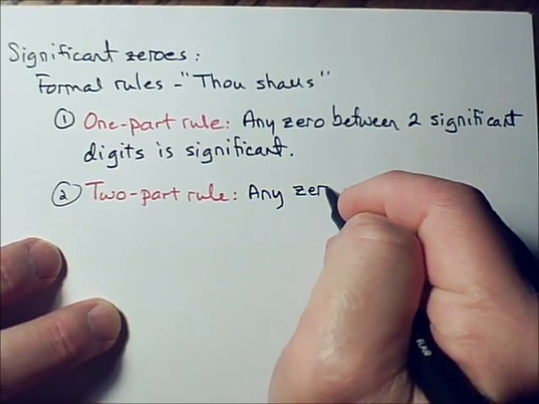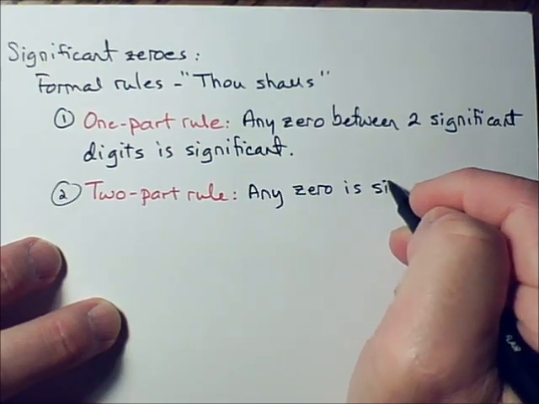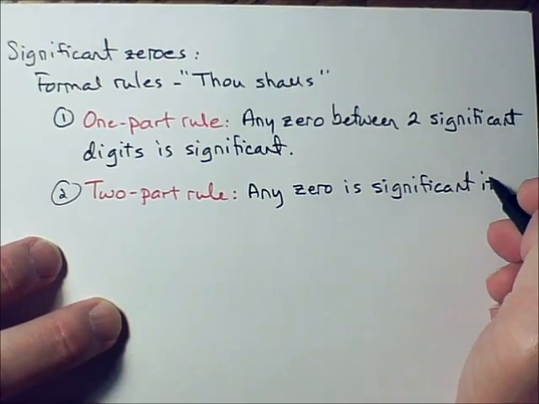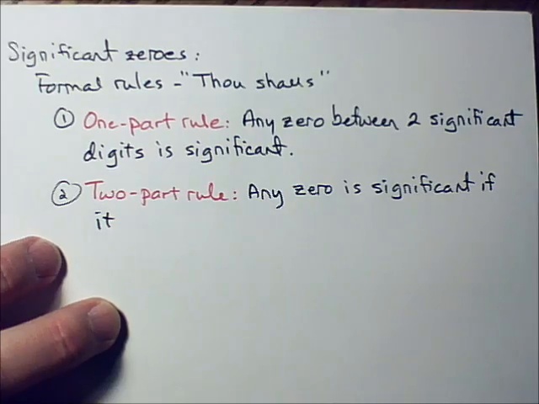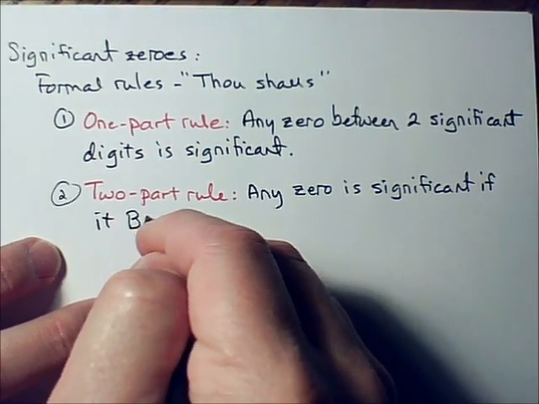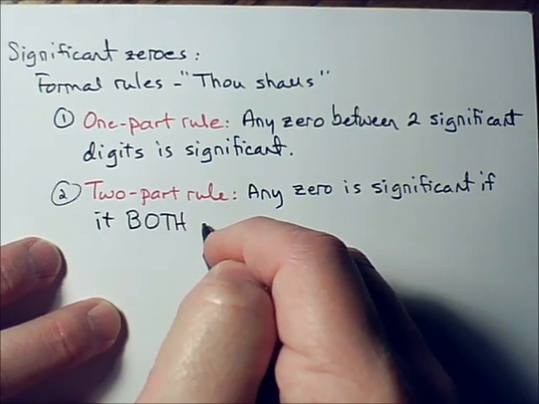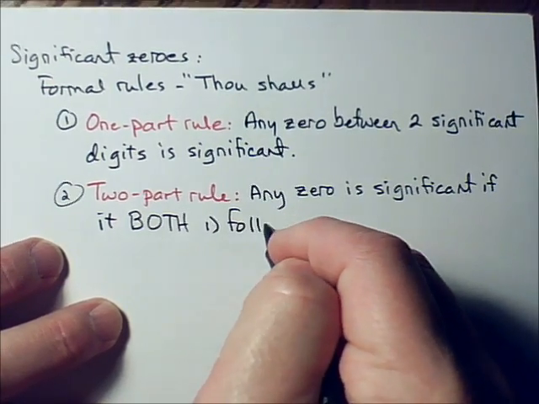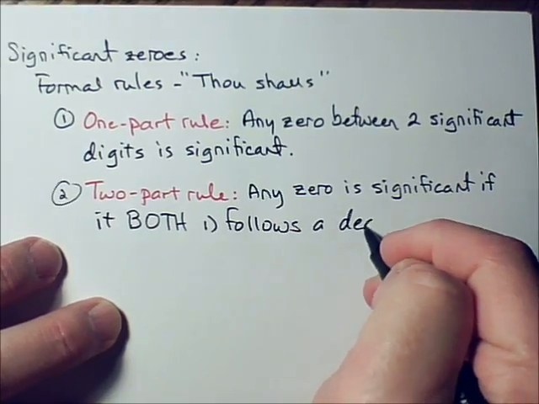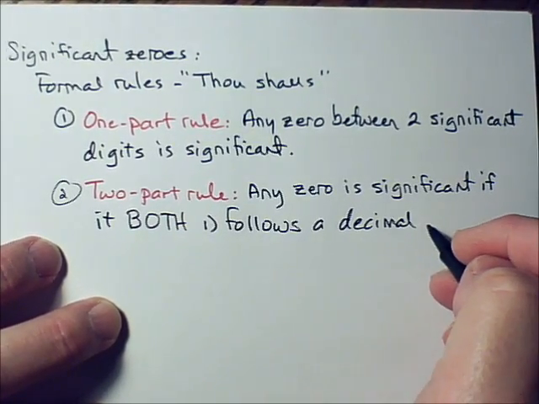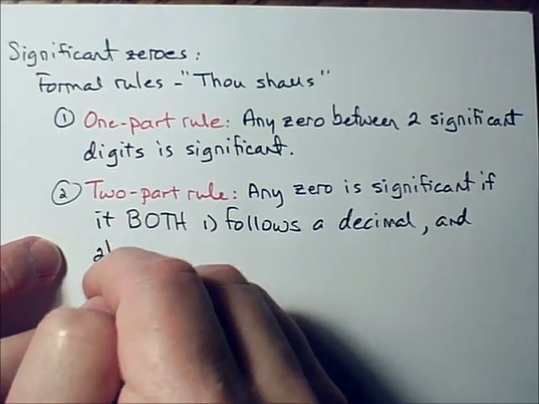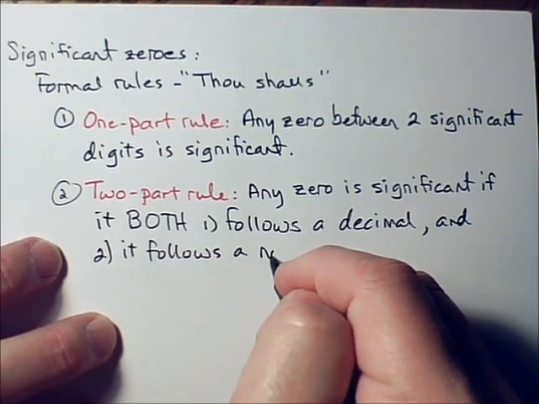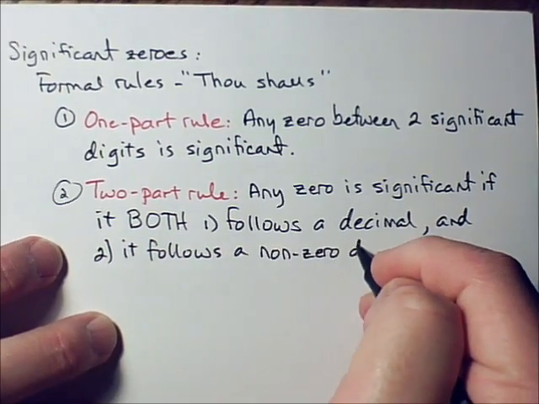Any zero is significant if it both, the first part is, follows a decimal place, or decimal, and 2, it follows a non-zero digit.